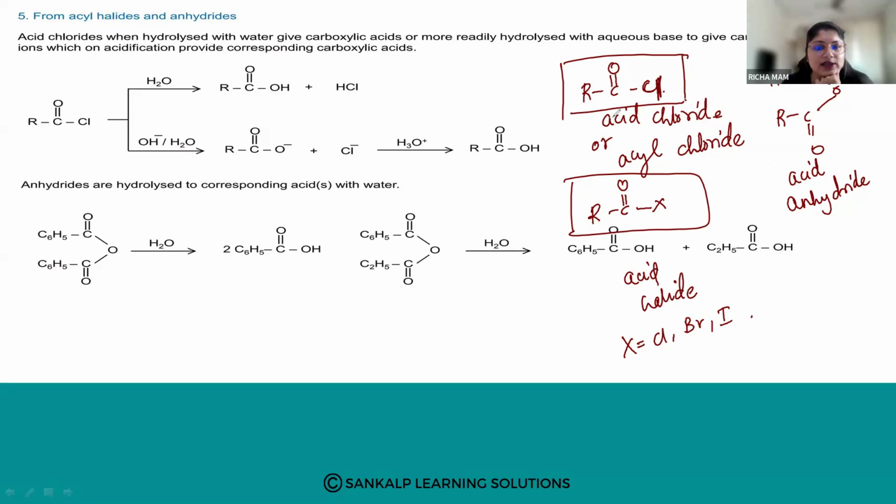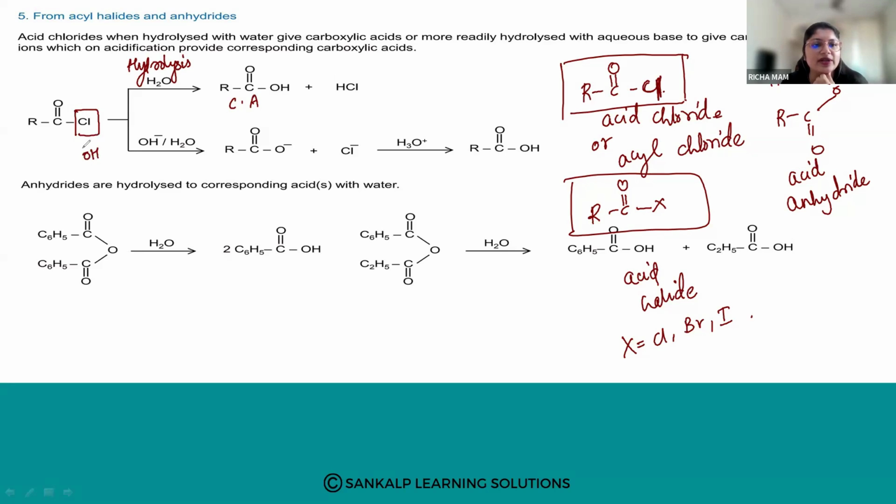So let us see the preparations from acyl halide first. When you treat acyl halides with water, we are hydrolyzing it with water. I'm going to get carboxylic acid plus HCl. Your Cl will be replaced by OH.